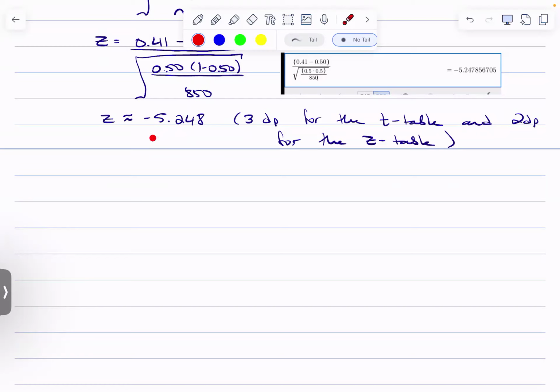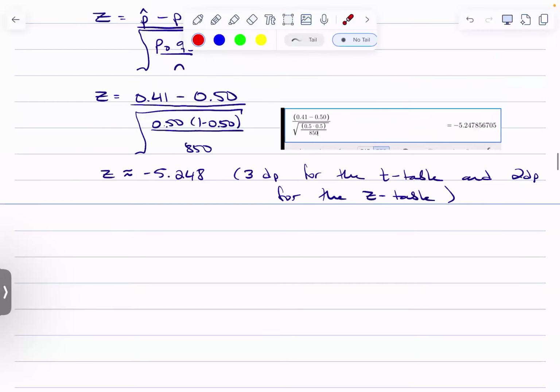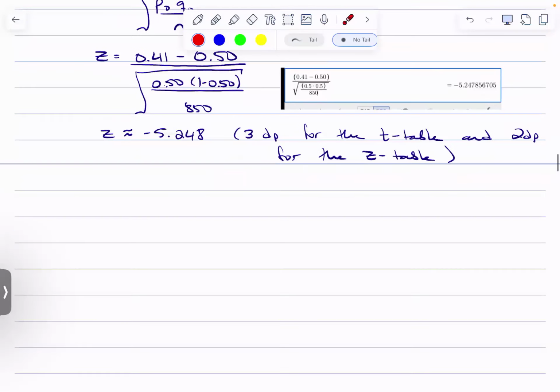This is hard to talk about. Oh, wow, it's 5 standard errors below the hypothesized value? I can't believe that. That's not really how it would go, right? We need to talk about the p-value, the probability. Okay, so once we have our Z, this Z behaves like all the Zs that we were working with and practicing with before.